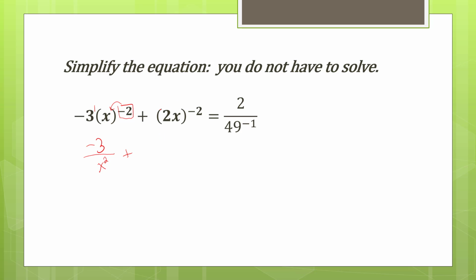We will add to that. Now, the right side of this expression is a little bit different. We're going to be reapplying our power to power rule. And so we have 2 to the first power raised to the negative second. That's 2 to the negative second power. We have x to the first power raised to the negative second. So that's x to the negative second.